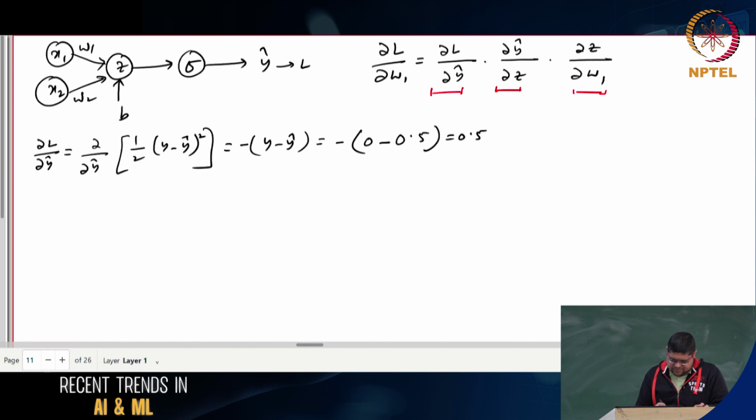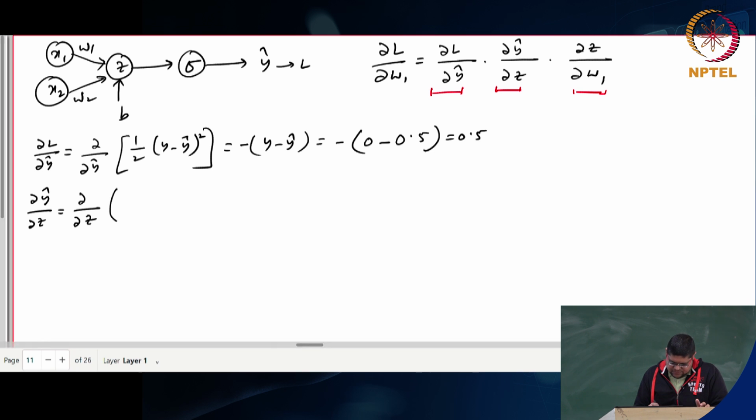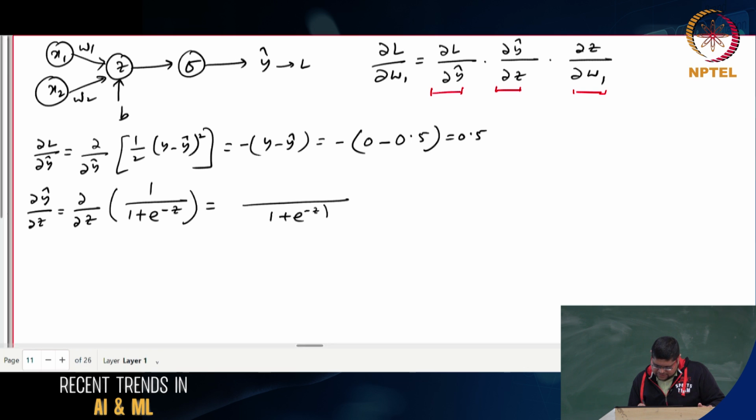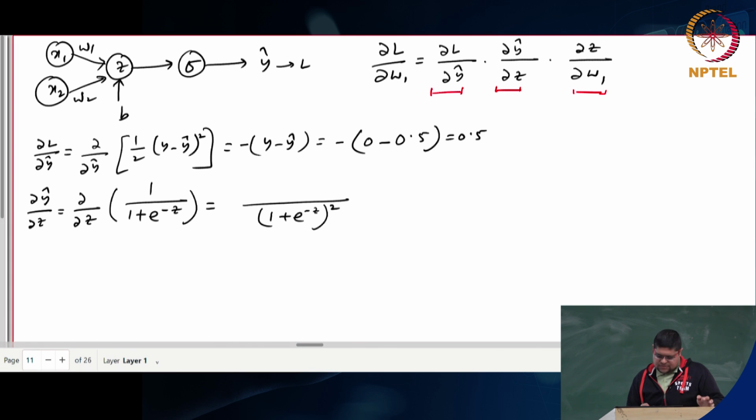Now the second term, that is del y hat by del z. So what is this? 1 by 1 plus e to the power minus z. So can anyone please calculate quickly? So the lower part will be 1 plus e to the power minus z. It's some basic thing, so you can do this.